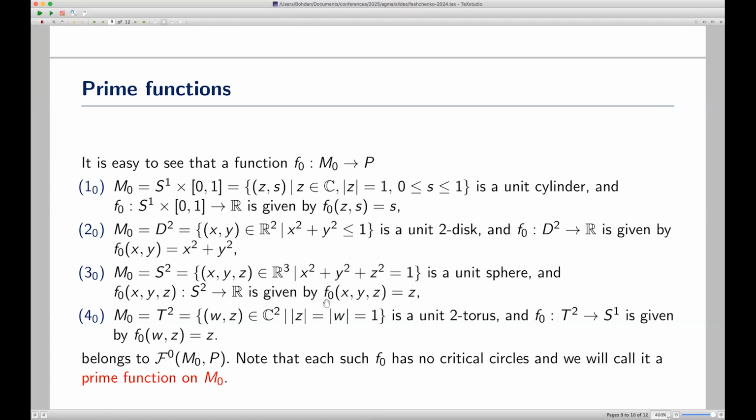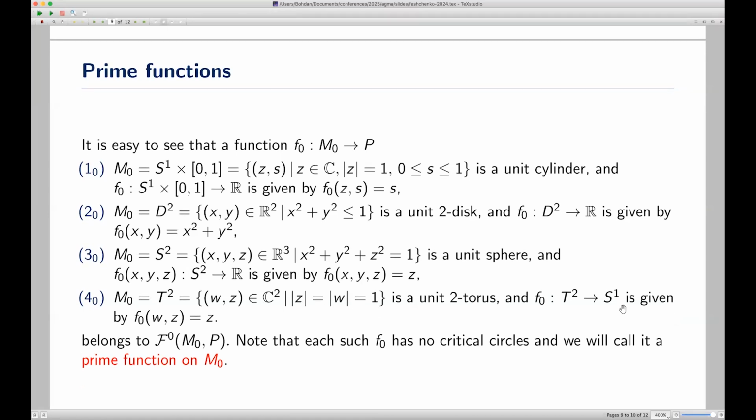For a sphere, a unique sphere, f0 is a height function. And for a torus, f0 is given by the angular projection. This function f0 has no critical cycles, and we call it a prime function on M0.